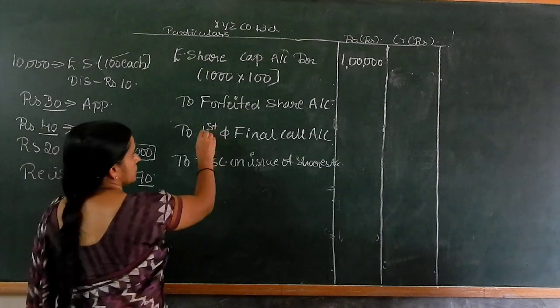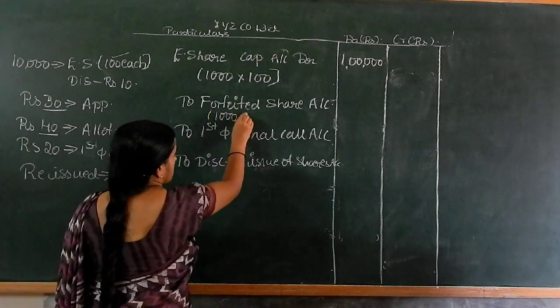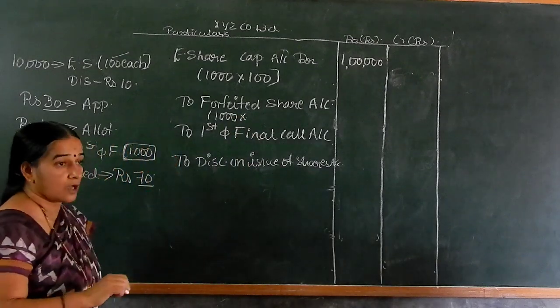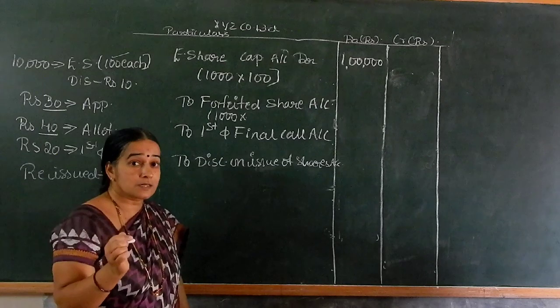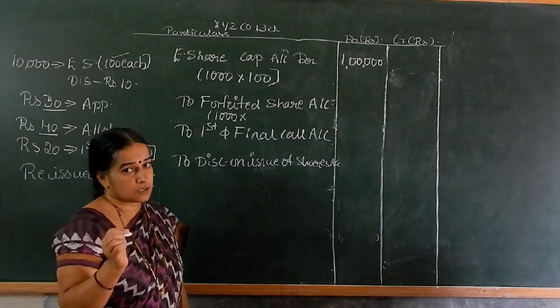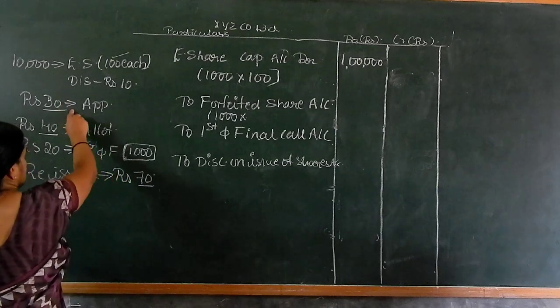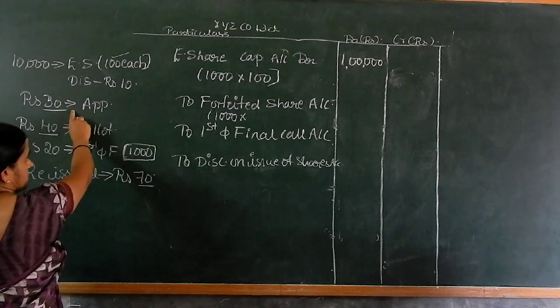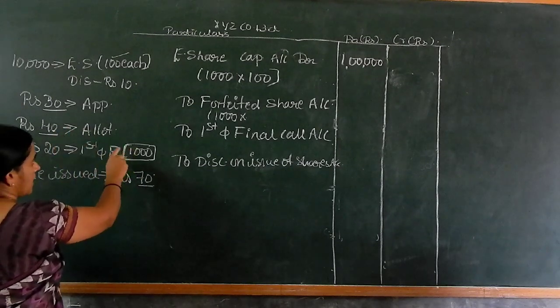And how to calculate the amount? Forfeited shares account will be credited with the amount received from the first shareholder. Now 30 rupees on application is received on these 1000 shares, plus 40 rupees allotment money.